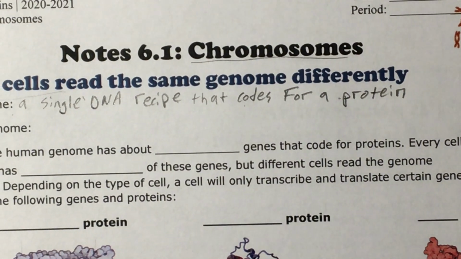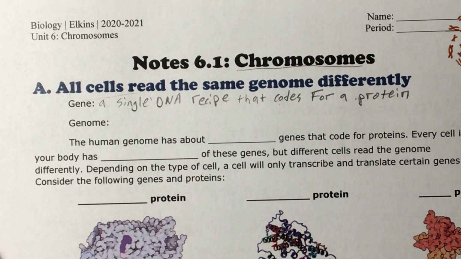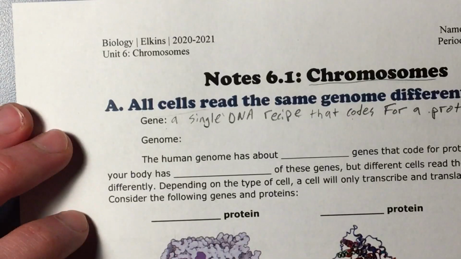So it's a single DNA recipe that codes for a protein. So genes are found inside of your DNA. They're kind of long strings. So kind of like if you have a book, then the chapters would be the genes. Or if you have a recipe book, each recipe would be a gene, okay?